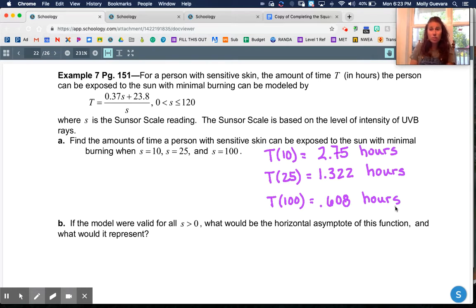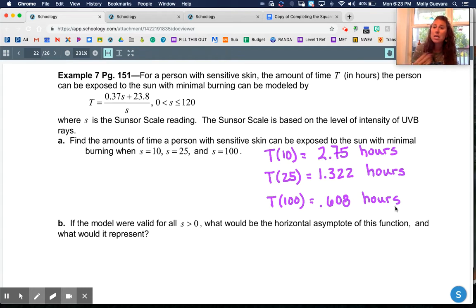All good? So we're just using our calculator, makes it nice and easy. I can just plug in my values that I want, okay? Part B says, if the model were valid for all sensor readings, as long as they are greater than 0, okay, what would the horizontal asymptote be of this function?